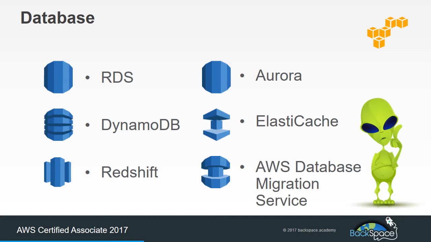The AWS migration service orchestrates and helps to streamline the migration of data from one database to another. That could be from on-premises to AWS, or it could be within AWS as well. But it helps to streamline and helps to orchestrate that migration of data.